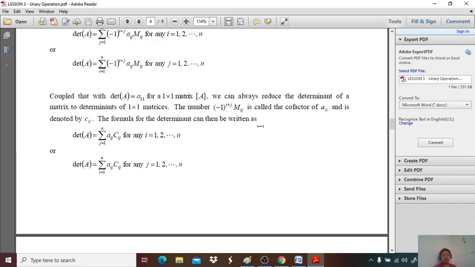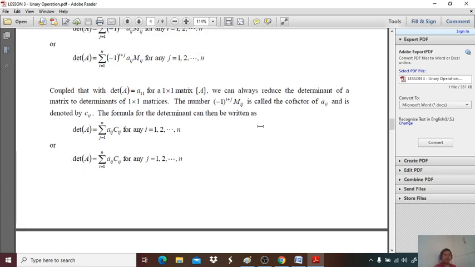We can always reduce the determinant of a matrix to determinants of 1 by 1 matrices. The number negative 1 raised to i plus j times Mij, or the minor of ij, is called the cofactor of Aij and is denoted by Cij.